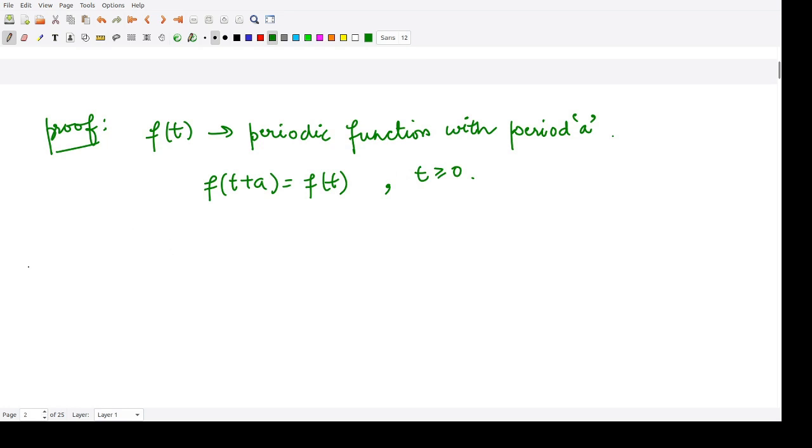For that, what would be the Laplace transform of f of t? This would be equivalent to its integration from 0 to infinity e to the power minus st f of t dt. This is by the definition.